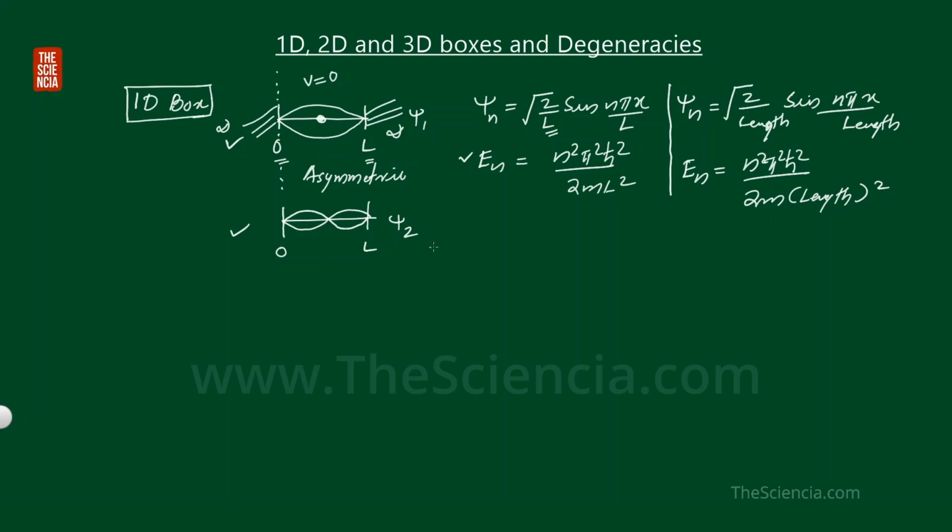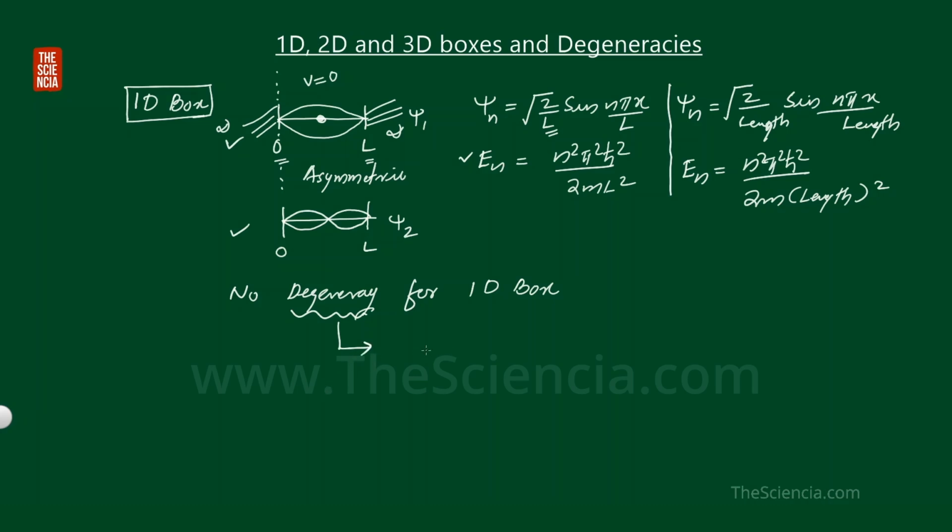Here what we are going to discuss is the degeneracies. For a 1D box, there is no degeneracy. You may have a doubt, what is this degeneracy?